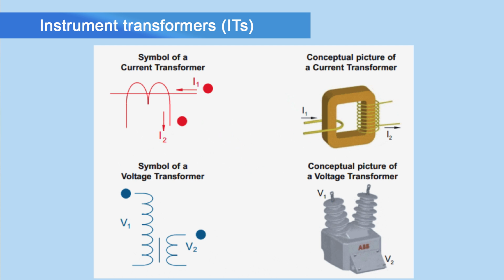As you all know, if any instrument or equipment is connected electrically with the main power system, and if any kind of fault occurs in the main power system, then it will directly or indirectly affect your instruments or equipment, and it may cause permanent damage to the equipment. So these instrument transformers act as an isolating medium between your supply and your equipment. So these are very helpful in this regard also.